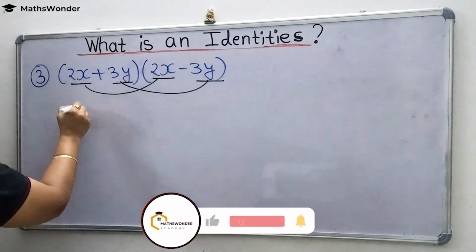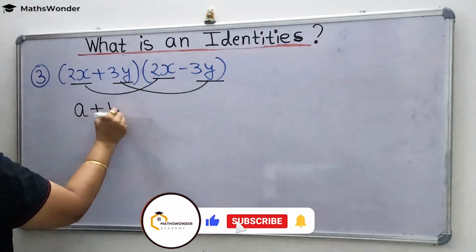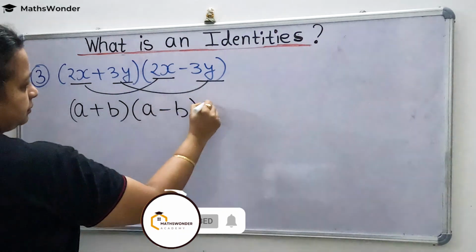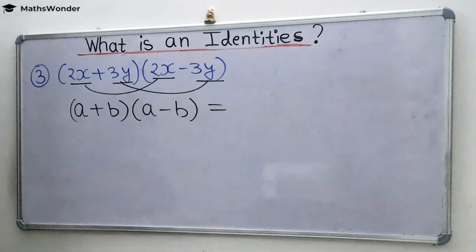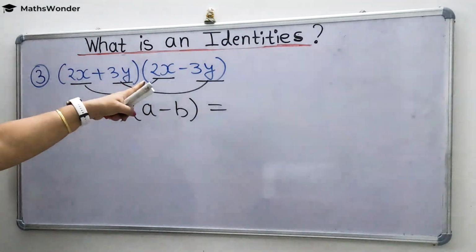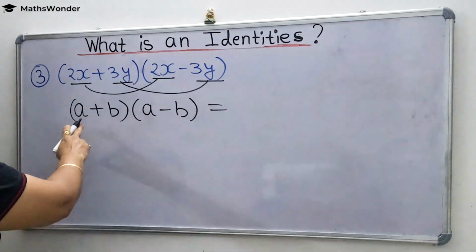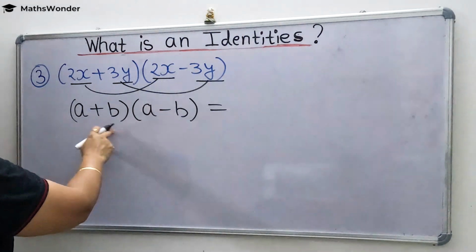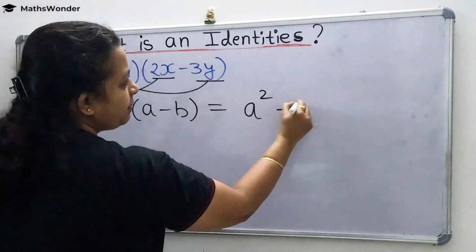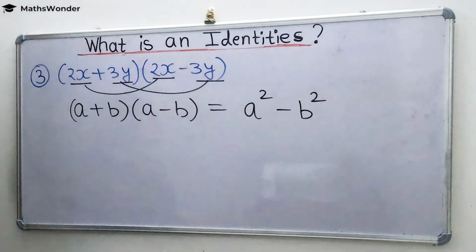So what is this identity? 2x plus 3y, 2x minus 3y, right? So now your identity is the third identity: a plus b times a minus b becomes a square minus b square. This is the easiest identity.